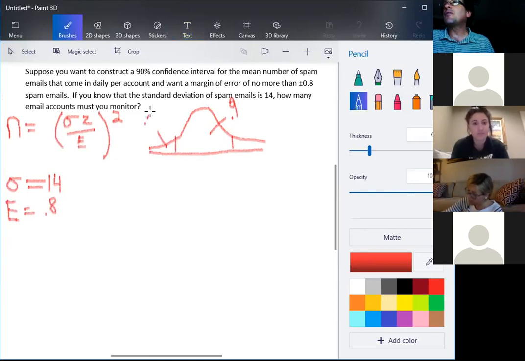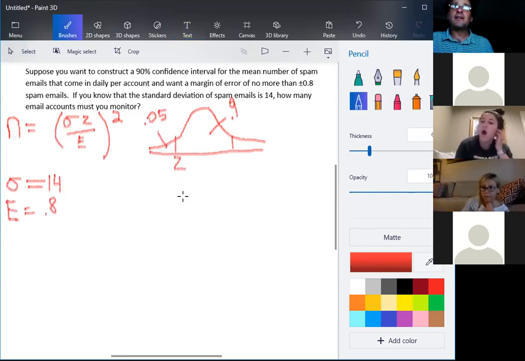0.05. Okay. By the way, on tests, I usually give some kind of strange percent so that it makes you do this picture. So don't memorize the most common numbers. Instead, understand how the picture works. Is that clear?